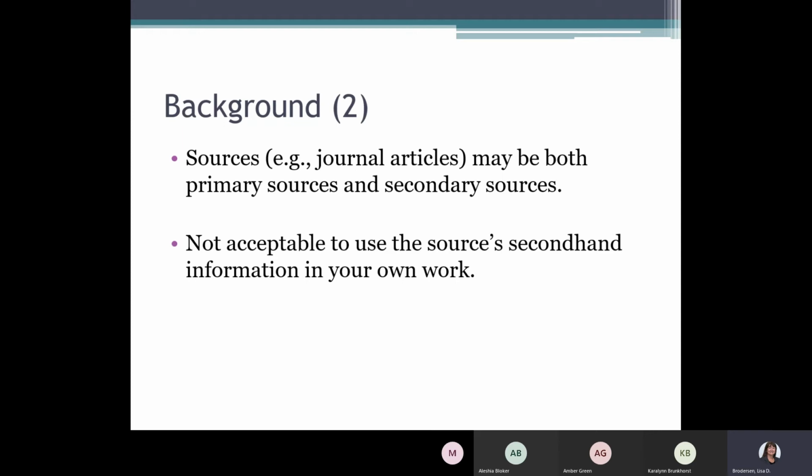So it's okay to use their primary information in your work, but it's not okay to use their secondary information. So just because the source is a primary source of some information does not mean you can use the secondhand information it contains in your own work, unless it's impossible, or there are some circumstances where that would be okay. But if that's the case, then you have to format that information with a secondary source citation.